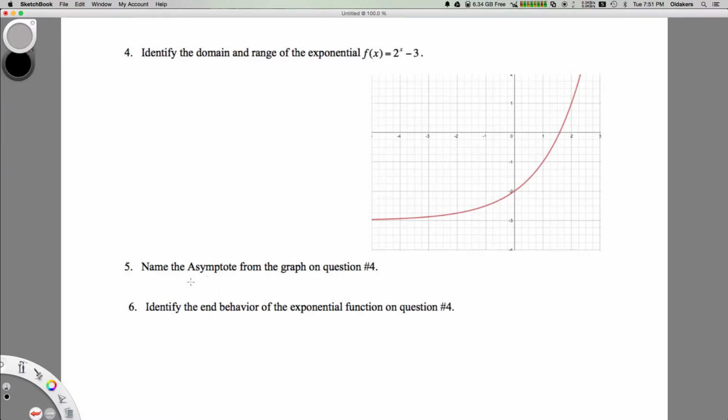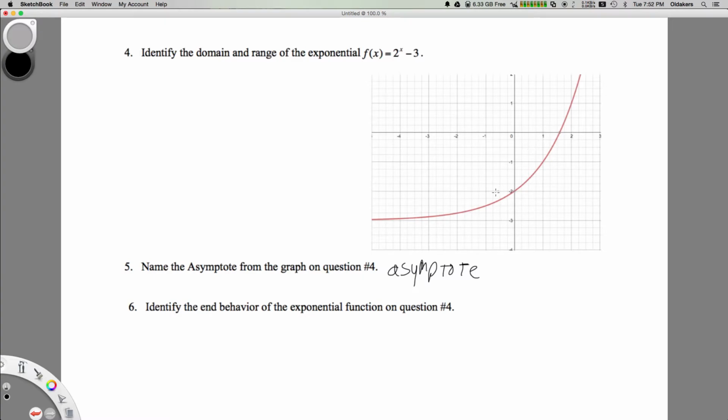The first, and we almost have to answer 5 here in order to do 4, is that exponential functions have something called horizontal asymptotes. A horizontal asymptote is a horizontal line that the graph of this is never going to cross through.